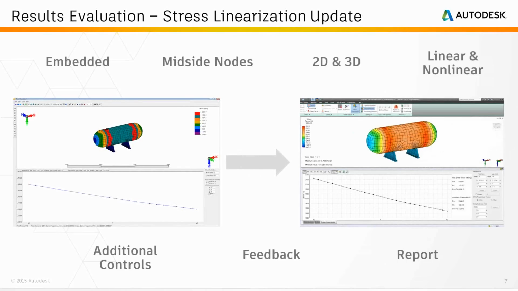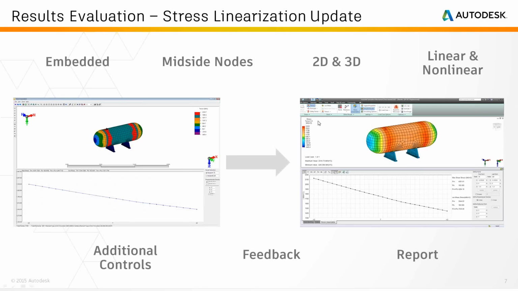The 2016 environment was outside of our simulation mechanical software. Whenever you accessed stress linearization, it would bring up an entire new user interface that wasn't on par with our current interface. And it was written in some old technology and therefore had many limitations.